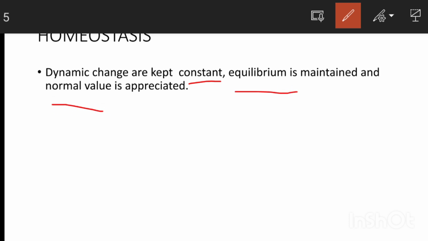There are dynamic changes occurring in our body constantly, but the body tries to bring it to the normal level. कुछ भी हो रहा है, कुछ बॉडी में ज़्यादा बढ़ रहा है, कुछ कम हो रहा है, बट एट द एंड ऑफ द डे बॉडी ट्राई करेगा कि वो नॉर्मल लेवल पे आ जाए.